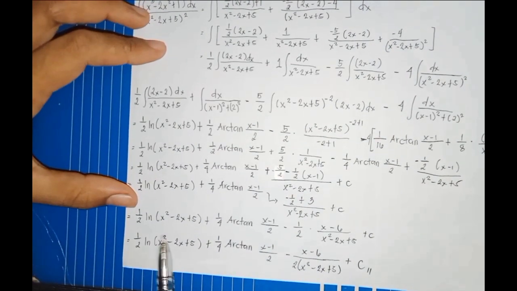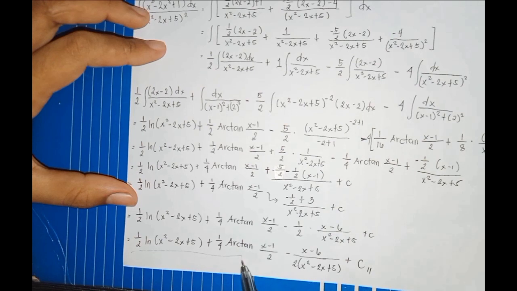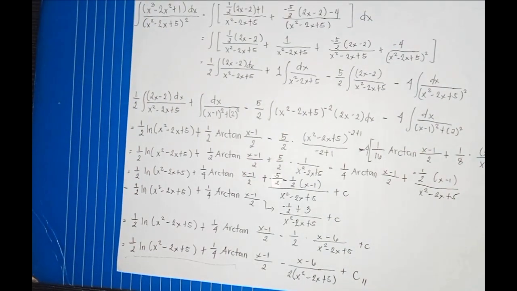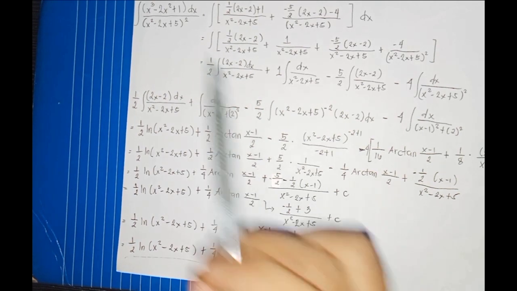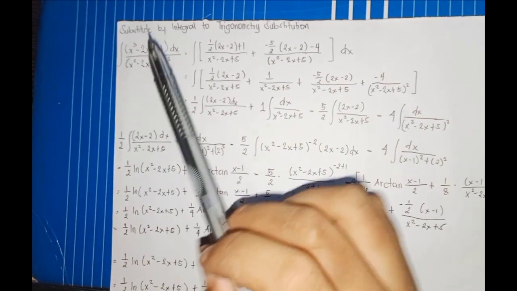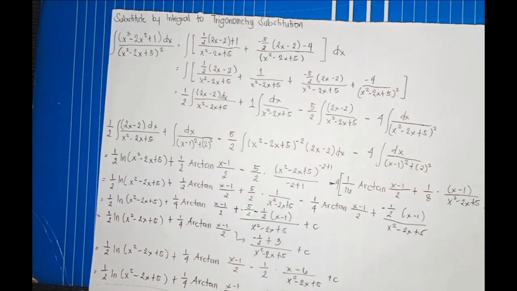So this will be our final answer for the given integration of the quantity x cubed minus 2x squared plus 1 dx all over the quantity x squared minus 2x plus 5 squared.